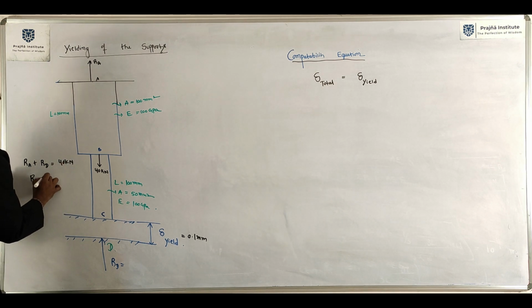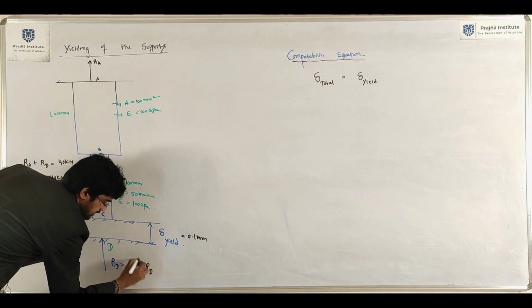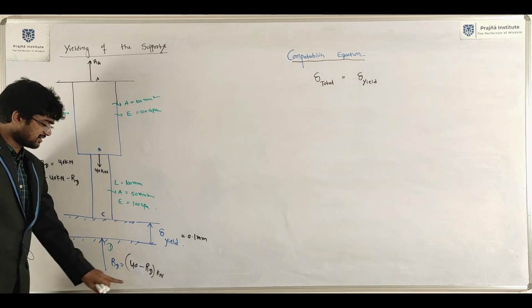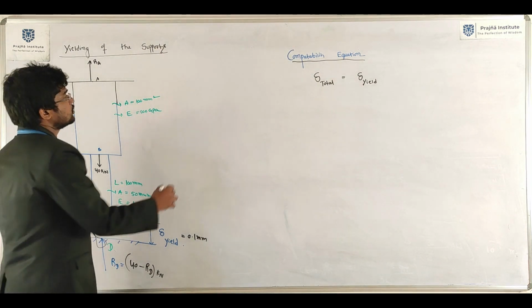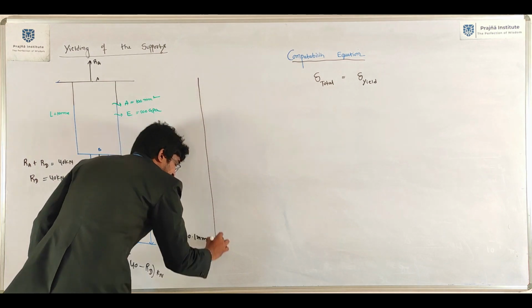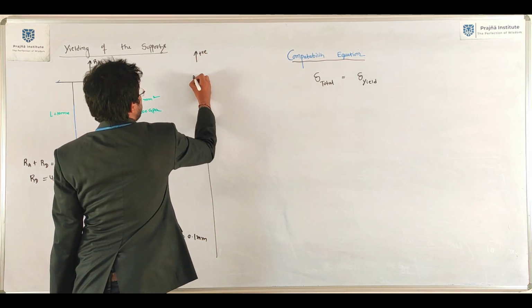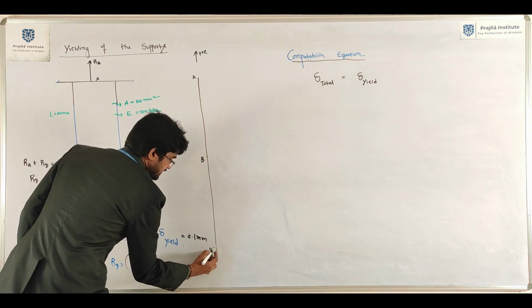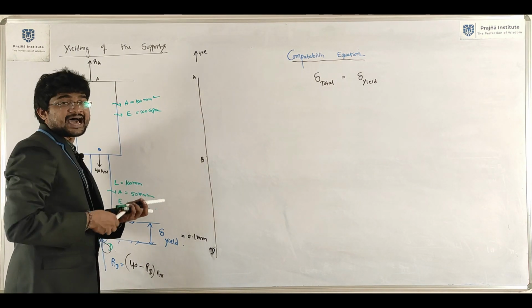So RD is equal to 40 kilonewton minus RA. Whatever answer you get, everything is in terms of kilonewton, RA and RD in terms of kilonewton. Now, first draw the pseudo-axial loading diagram. It is positive, of course, A, B, D actually.